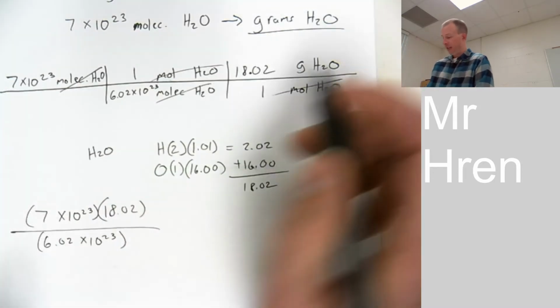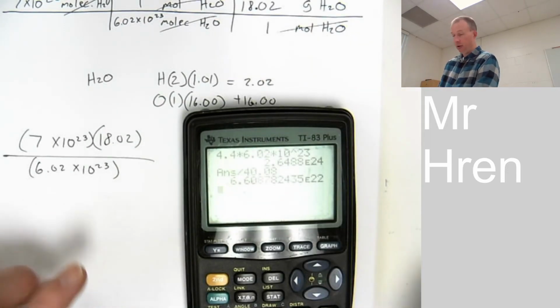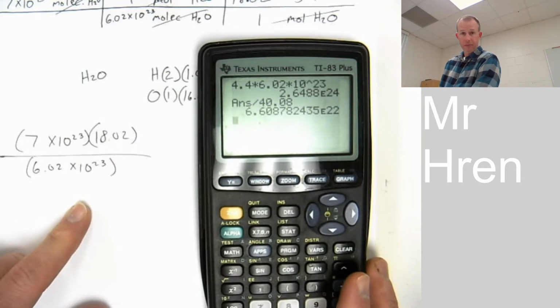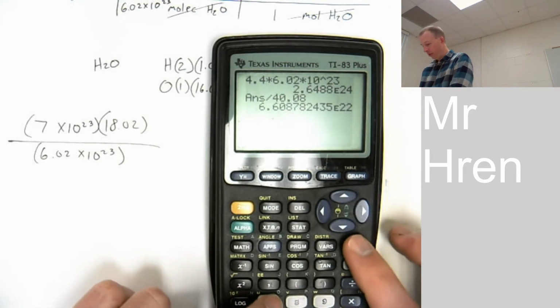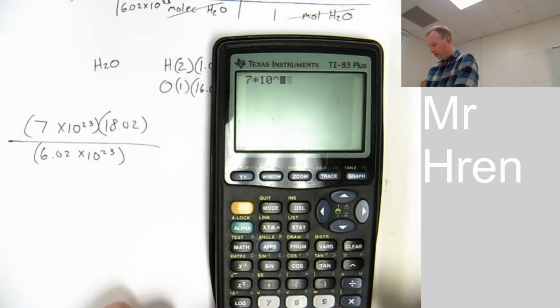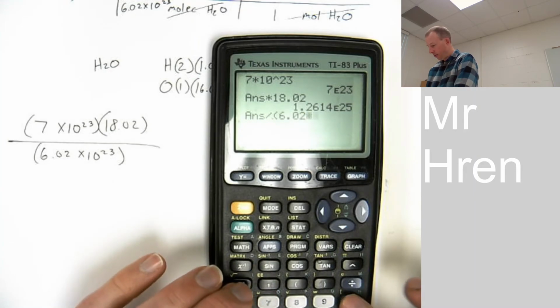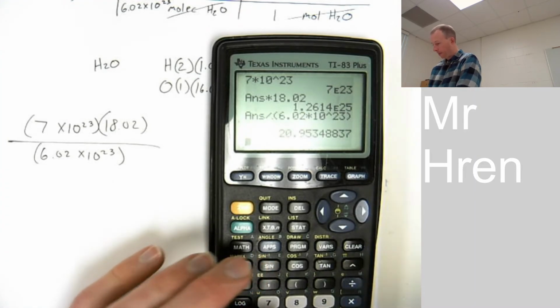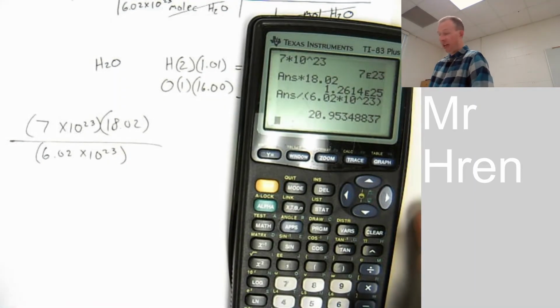Remember, you multiply on top, divide by the bottom. When you divide this, make sure that you put the bottom number, Avogadro's number, in parentheses. So that times 18.02 divided by parentheses 6.02 times 10 to the 23rd, and you get 20.95.